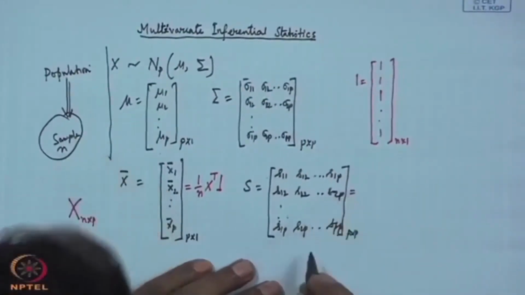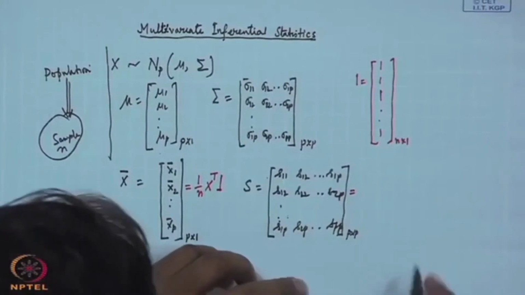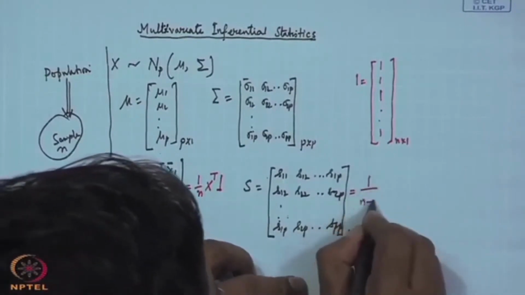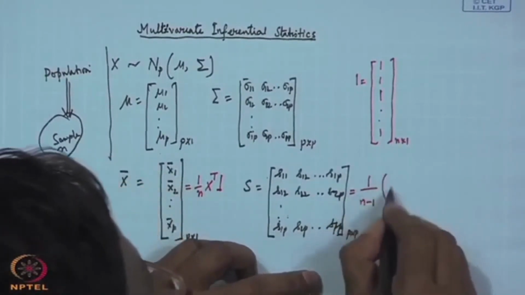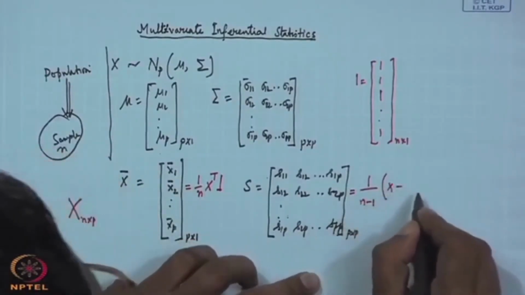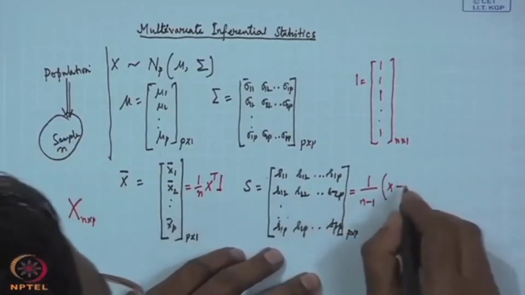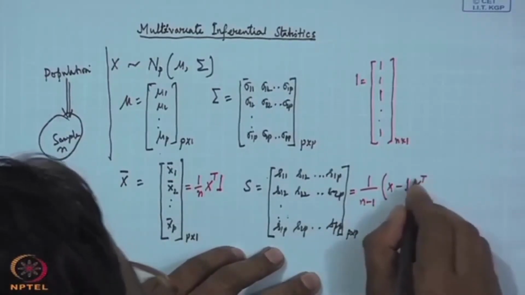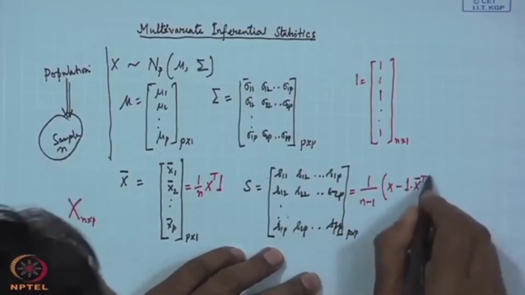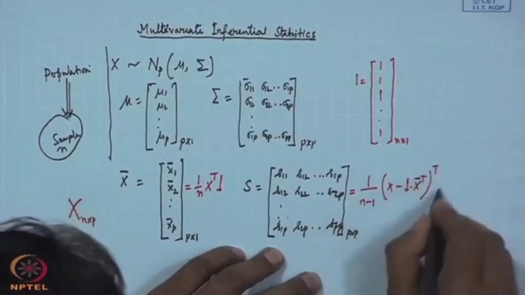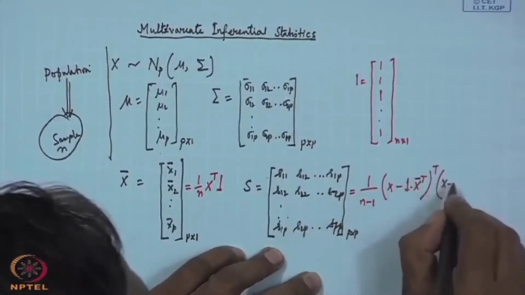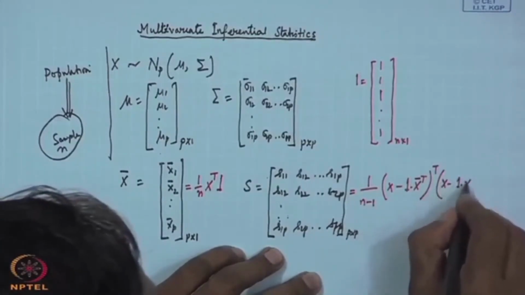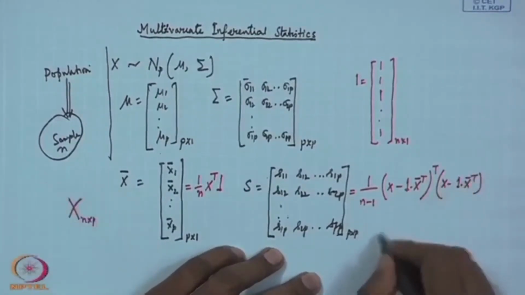For the sample covariance, you have computed it like this: X minus 1 dot x bar transpose, then transpose, followed by X minus 1 dot x bar transpose. It will be p cross p. This is the formula you have used.